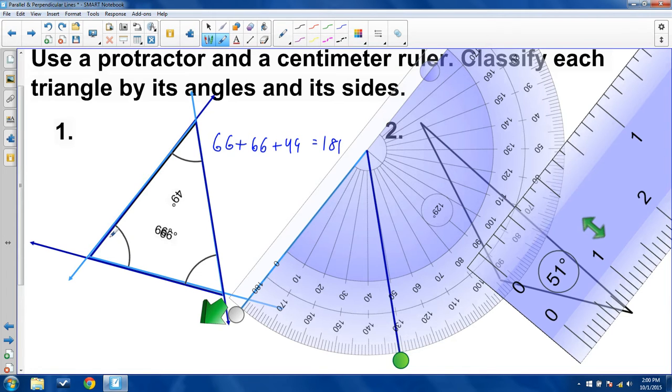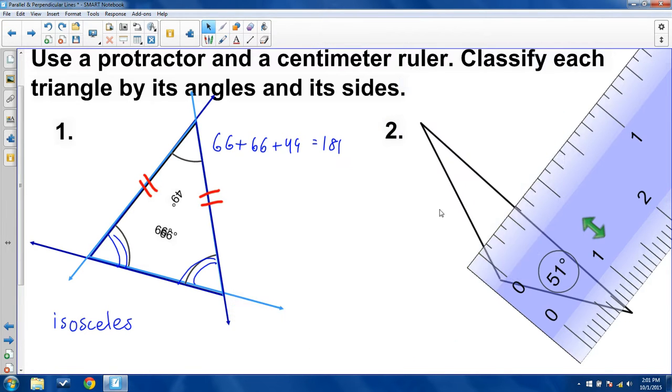But the bottom line is these two were congruent. The third one was not. So I have two congruent angles. So already I'm matching the definition of an isosceles triangle. Now to confirm that, my legs, or my sides, here and here should also be congruent. Let's check that out. Let me first delete this one and go to the ruler.